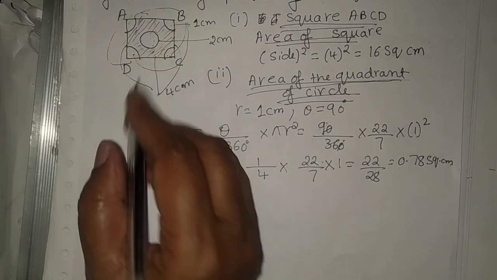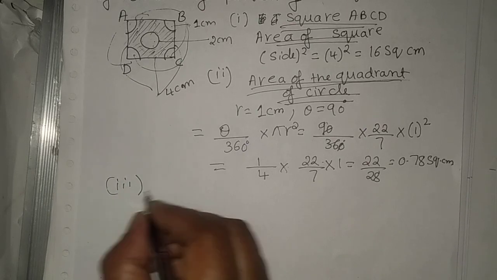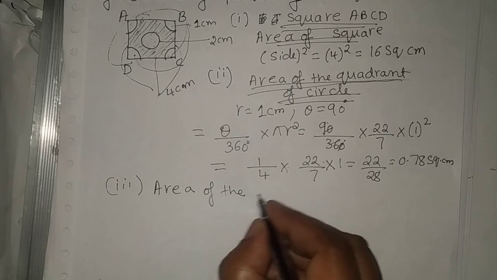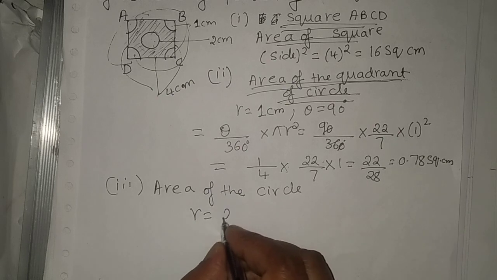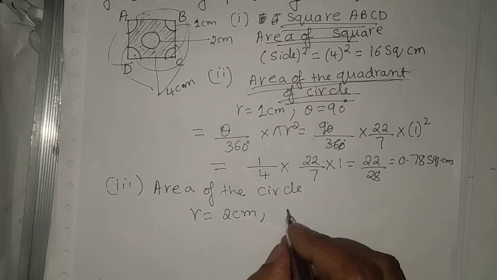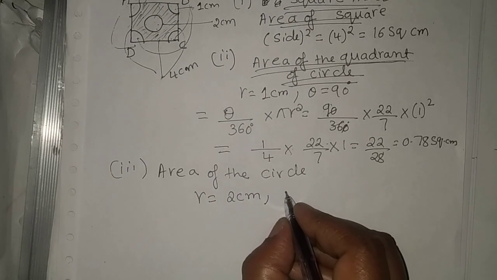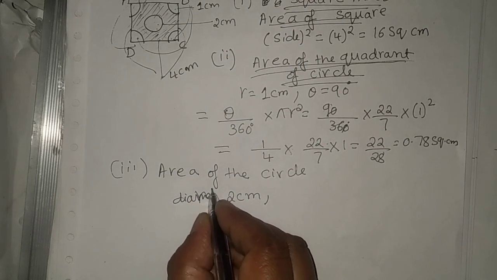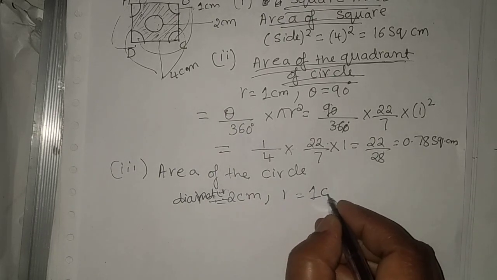Now the third part is the area of the circle we have. The third part of the question is the area of the circle. What data is given? The diameter is 2 centimeters, then the radius is equal to 1 centimeter.